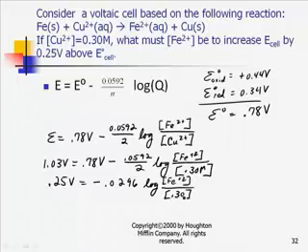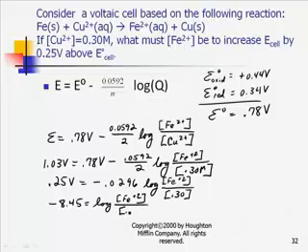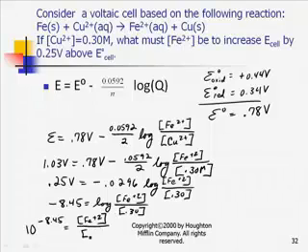And so 0.25 divided by negative 0.0296, I get minus 8.45. And so 10 to the minus 8.45 is going to equal Fe2+ over 0.3.